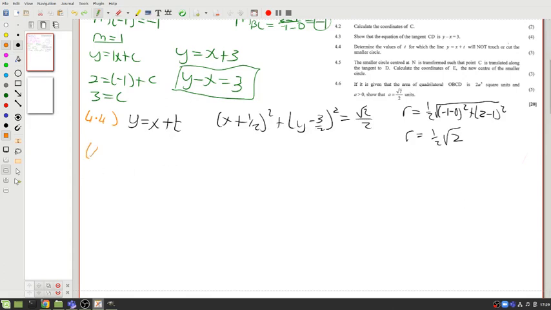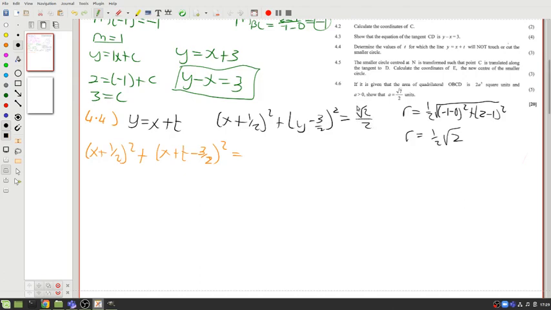So we say x plus a half squared, plus, and then instead of y we put x plus t minus 3 over 2 squared, equals this squared.